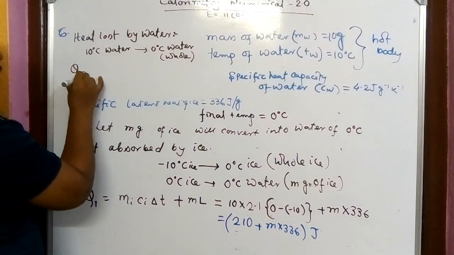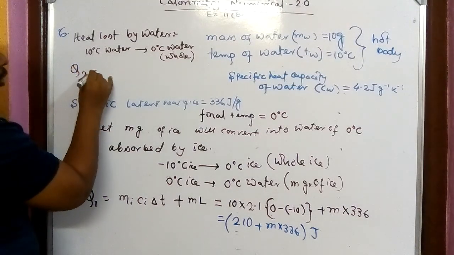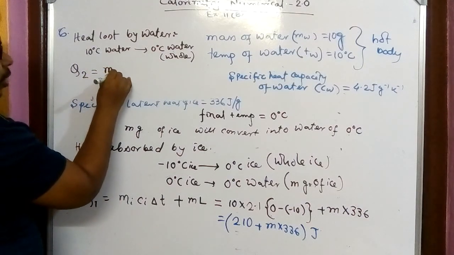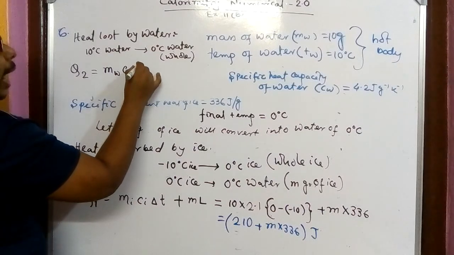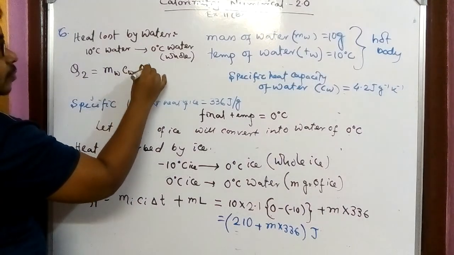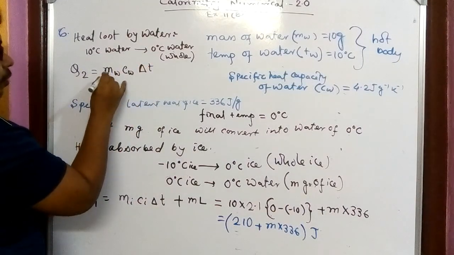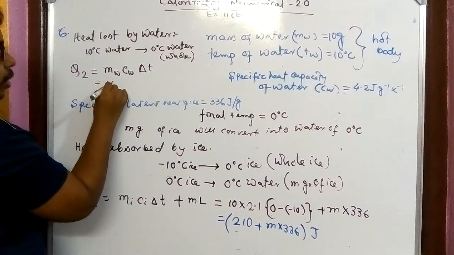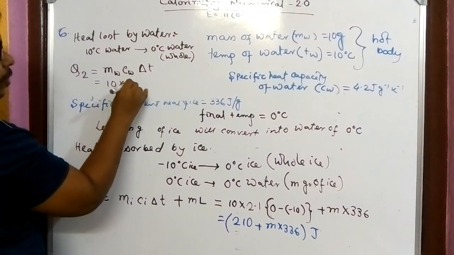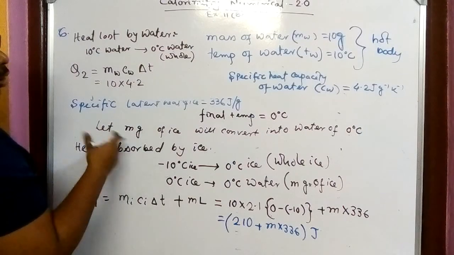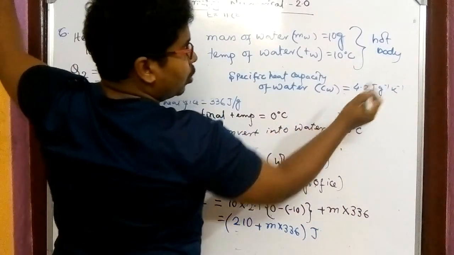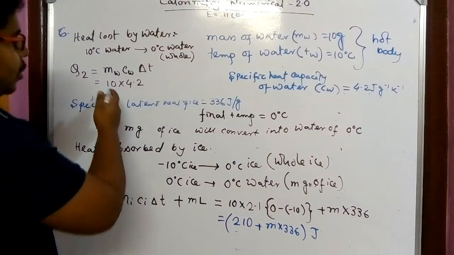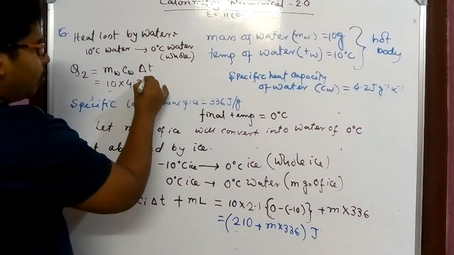So assume the heat energy is Q2. So Q2 equals mass of water mW, specific heat of water Cw, and del T, that is temperature change. The value of mW is 10 gram, Cw is 4.2, and here no need to change the value because it is joule per gram, and the mass is also given in gram, no problem with that.